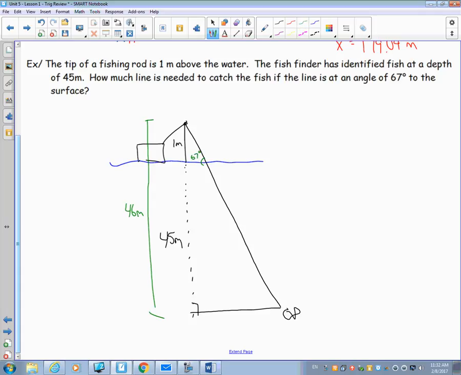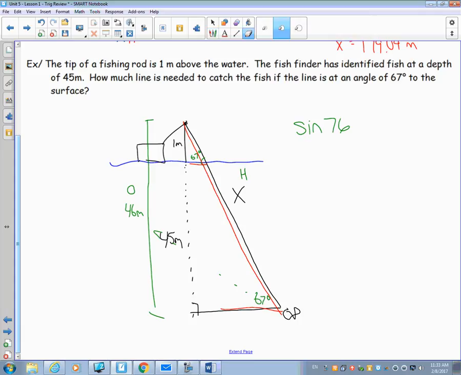And based on the fact that this triangle has an F inside of it, this also has to be 67 degrees. And if I want to know how much line I actually need, that's my x. I now have a situation where I have an opposite across from my given angle, a hypotenuse, and I can solve using the sine.